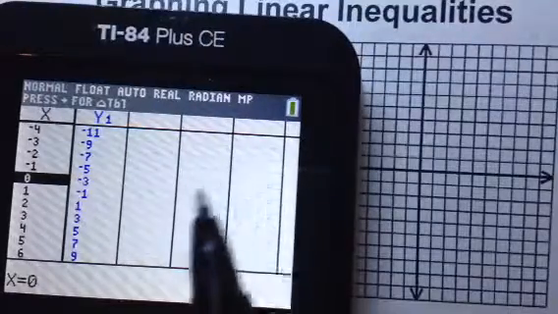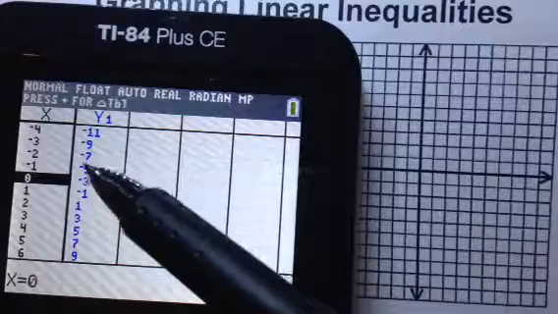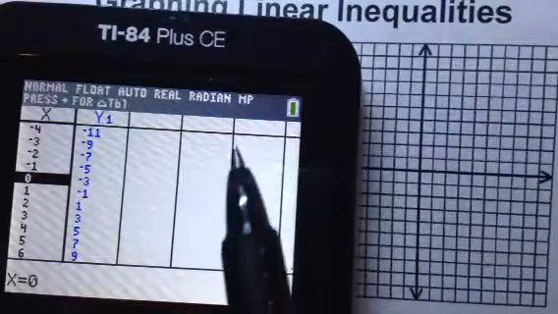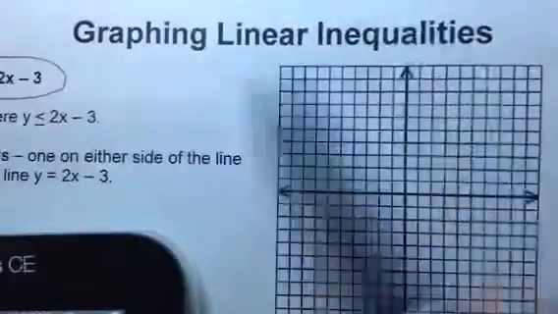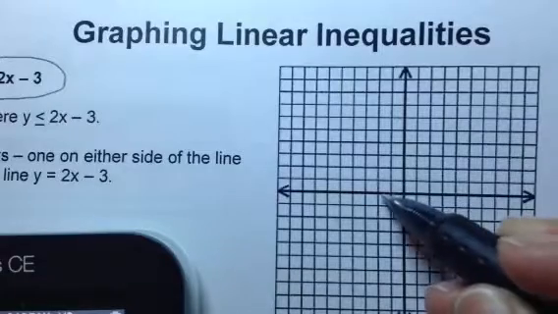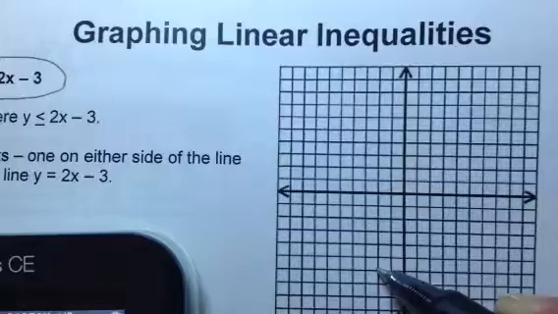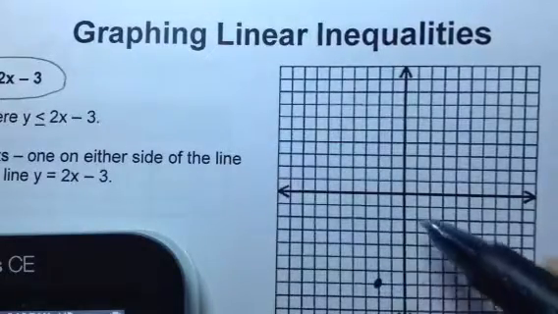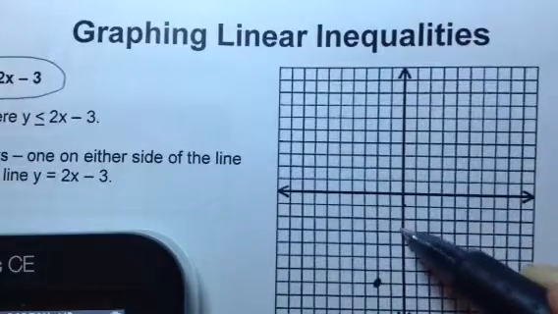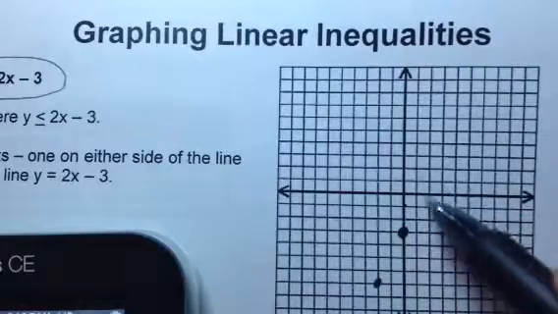So I'm going to graph negative 2, negative 7; 0, negative 3; and 2, 1.